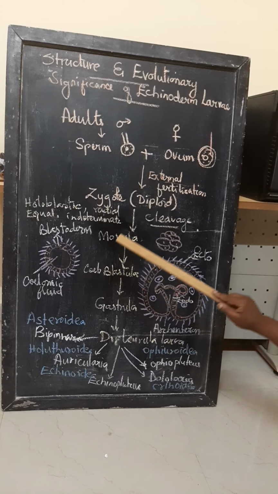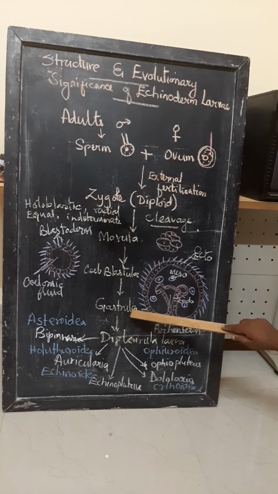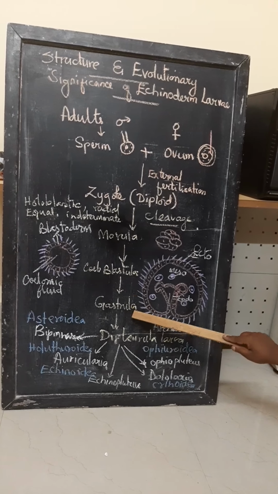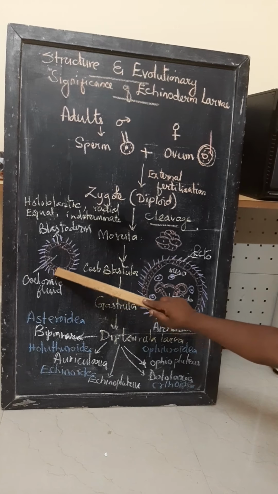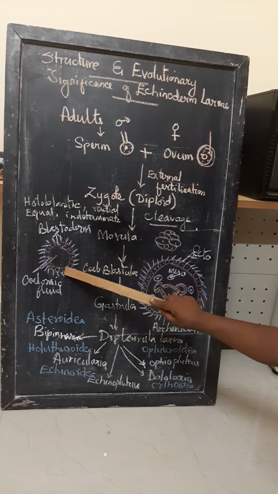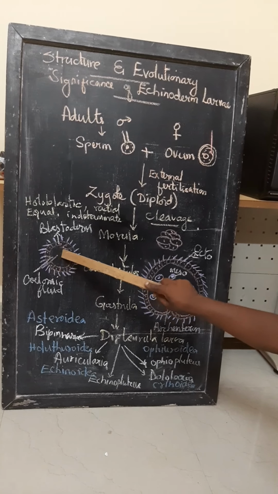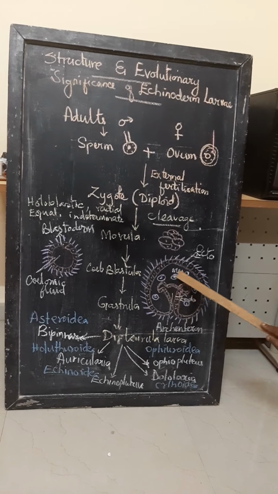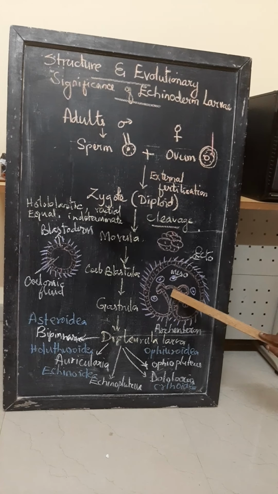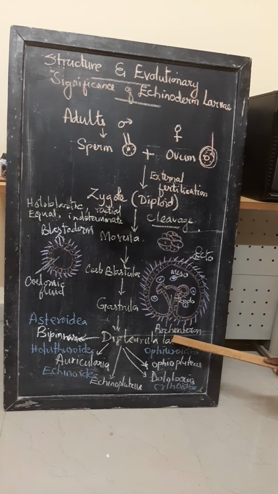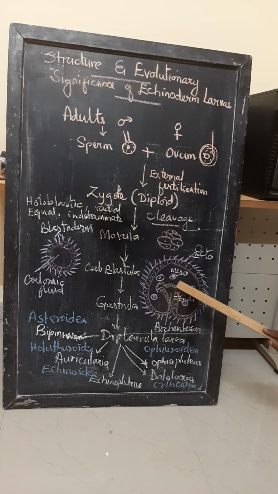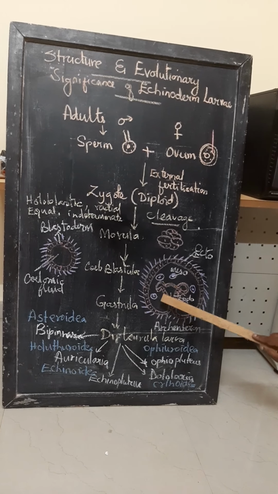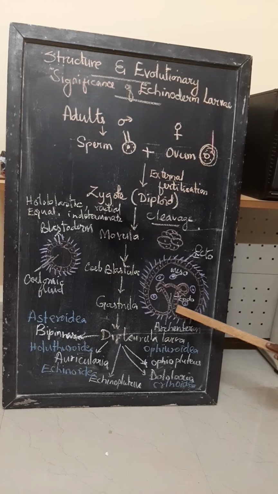After the coeloblastula stage, the next immediate stage is called gastrula. In gastrula, there occurs invagination at the mid-posterior region of the blastoderm, which forms a new cavity that we call archenteron. After the new cavity is formed, the cell layer inside is called endoderm.